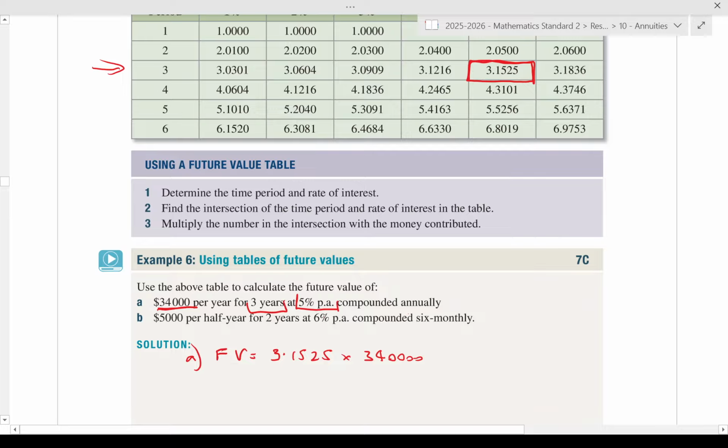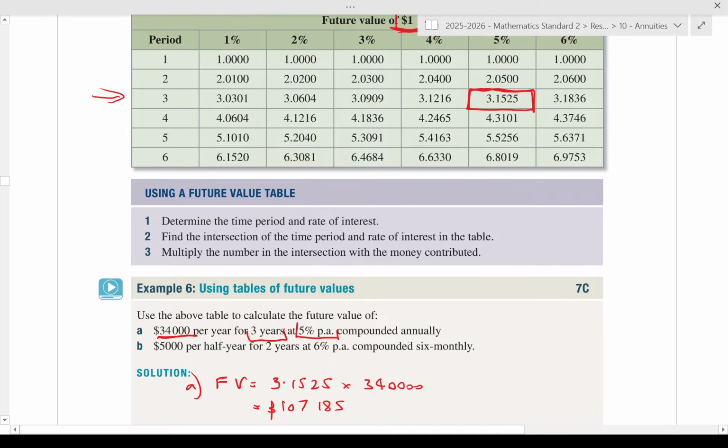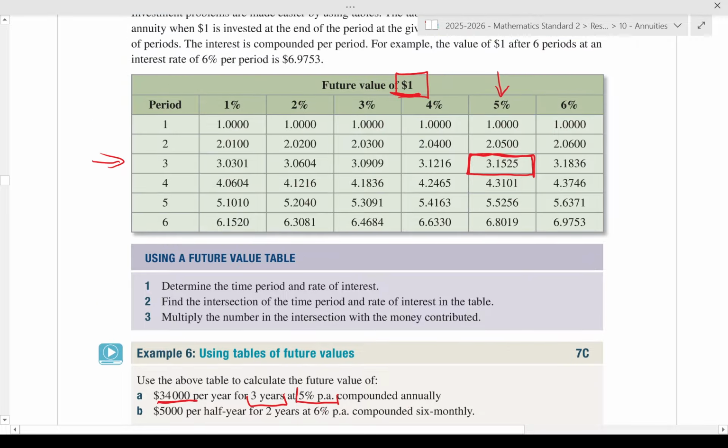So we just do that, and that will give us a grand total of $107,185. That's it. That's done. We don't actually have to do anything else. Okay. So the table has done all the work for us, but it's always based, or almost always based, on $1. Sometimes it's thousands, but in this particular case, it's $1. So you just have to work out how many do I have to times that by.